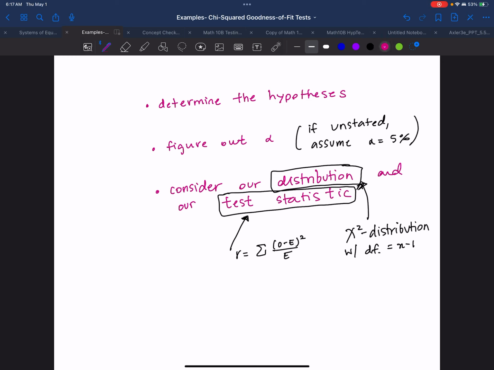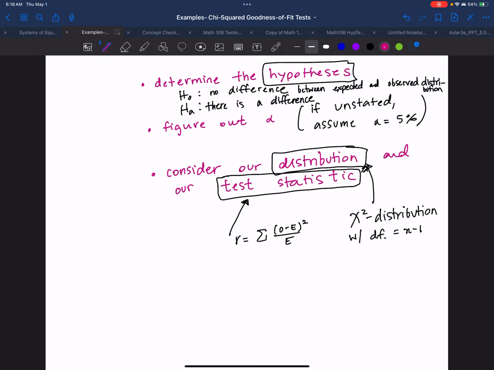So for the goodness of fit test, your H naught is that there's no difference between your expected distribution and your observed distribution. And the alternative is that there is a difference.